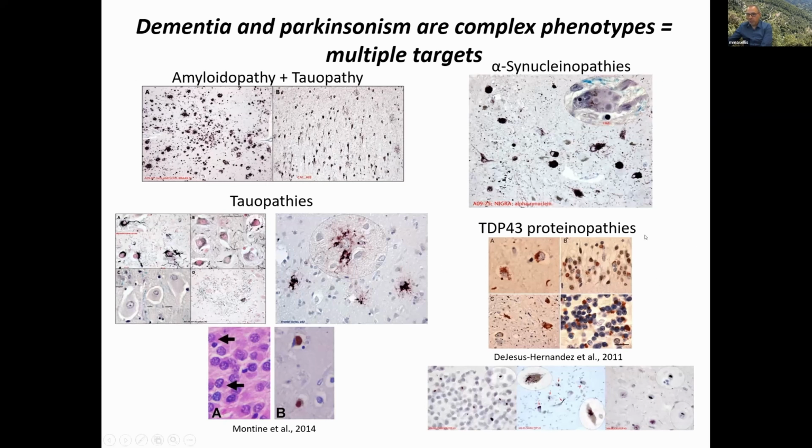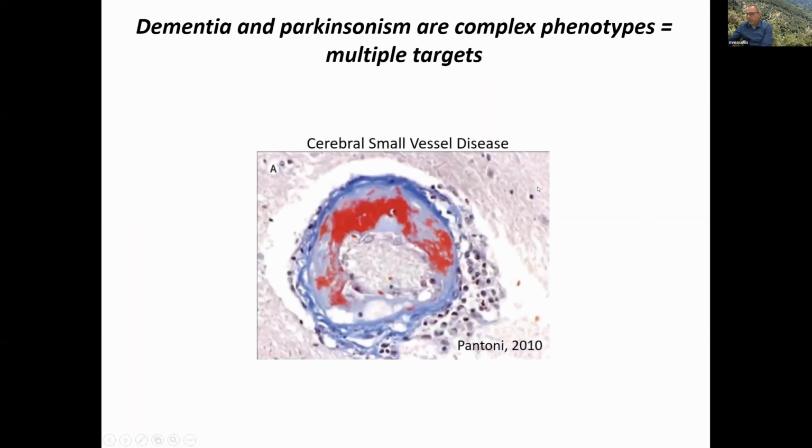TDP-43 proteinopathy in the form of hippocampal sclerosis is also quite common and can be comorbid with Alzheimer's disease and other pathologies. It's also important not to forget cerebral small vessel disease, another common pathology associated with aging, and this can co-synergize with the neurodegenerative pathologies to alter the phenotypes we see.